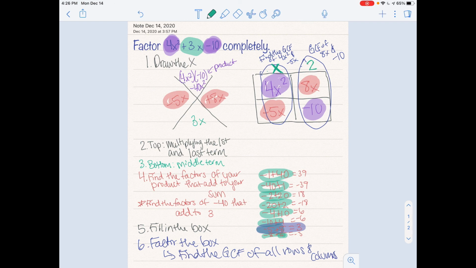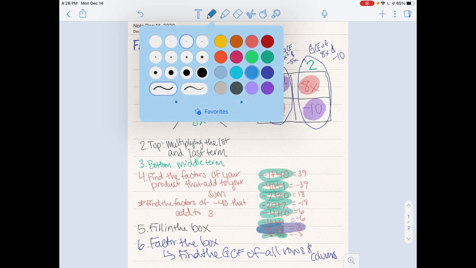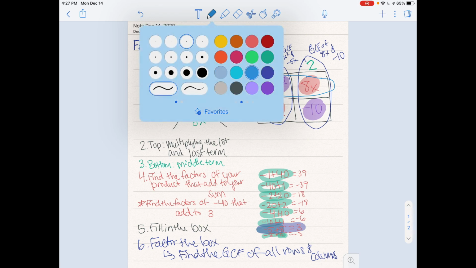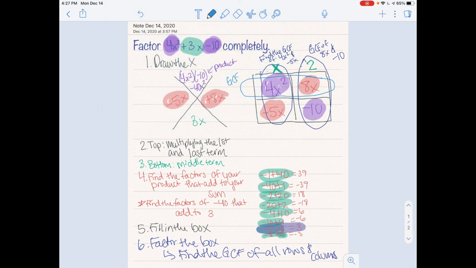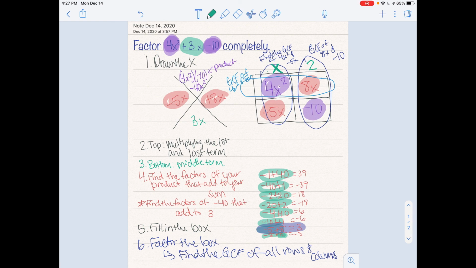Next, what we want to do is find the GCF of our first row. Looking at 4x squared and 8x, what is the GCF between those two terms? We can see that we have 4x as our GCF.